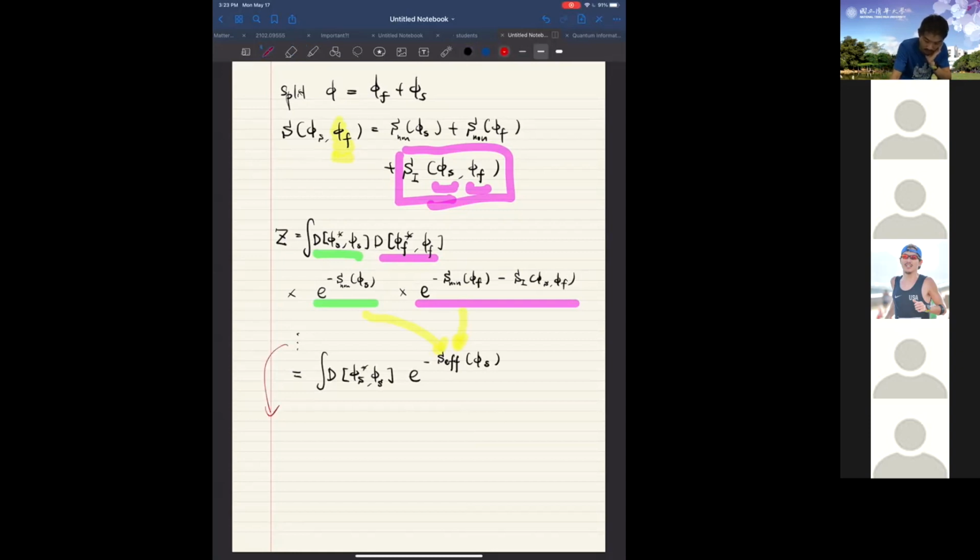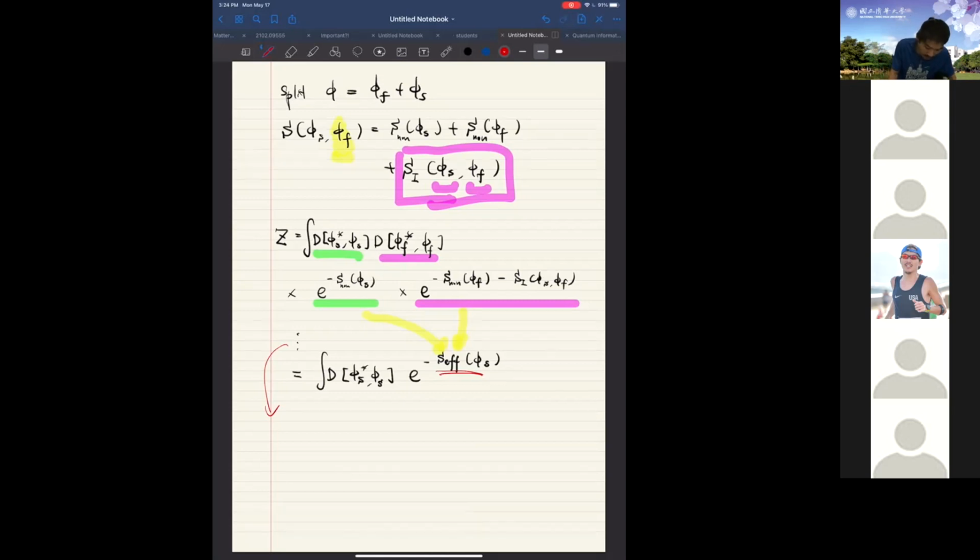This is what we want to obtain, the effective action, from which we can extract how the coupling constant changes after you integrate out the high energy modes. If there's some interaction between the high energy and the low energy modes, it must affect the low energy modes, maybe increasing or reducing the coupling strength in the low energy sector.